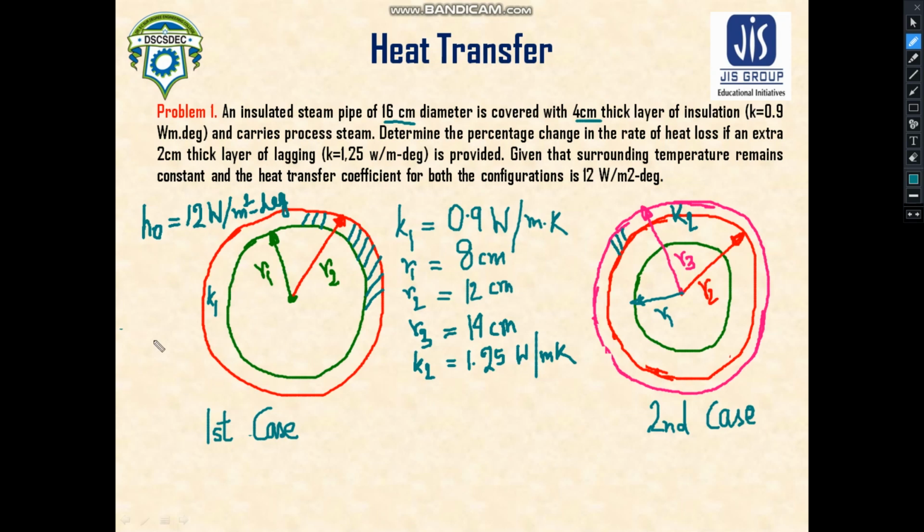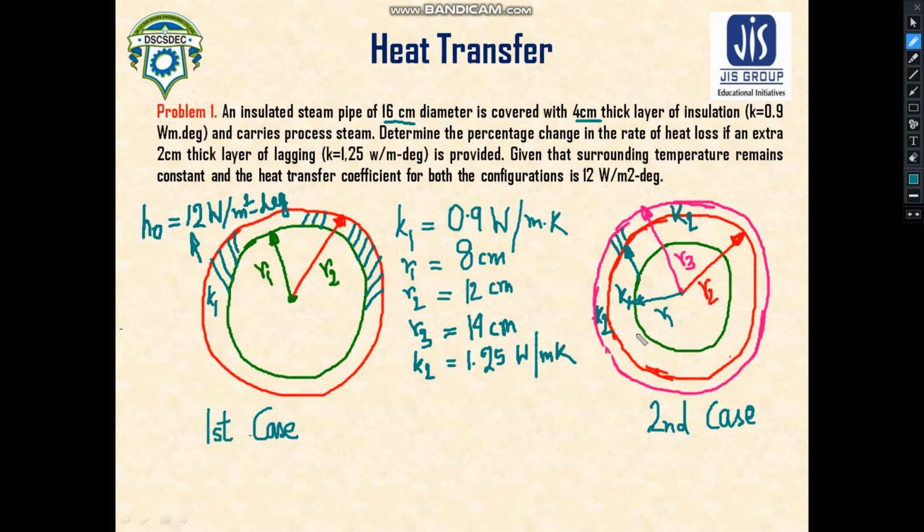So here you can observe that there will be two thermal resistances. For this one, it will be a conductive thermal resistance, and regarding the heat transfer of convection between this outer wall and the process steam, there will be a convective heat transfer. In the second case there will be two separate conductive resistances, for this layer which has thermal conductivity of K1, and for this layer which has thermal conductivity of K2.